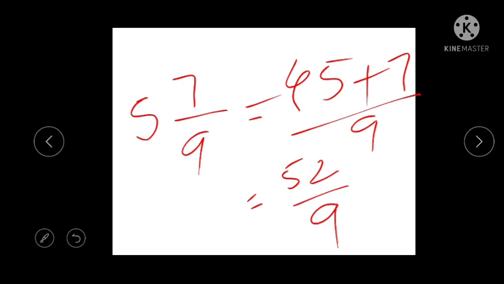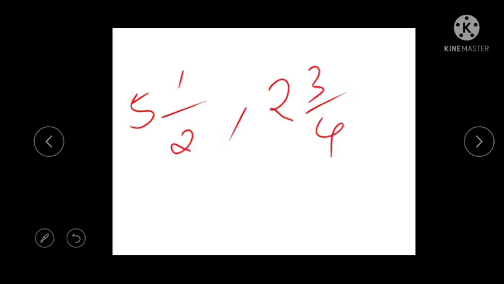Now I am giving some homework questions, so all of you write down in your notebook: convert the following mixed fractions into improper fractions. I repeat the question. Convert the following mixed fractions into improper fractions.